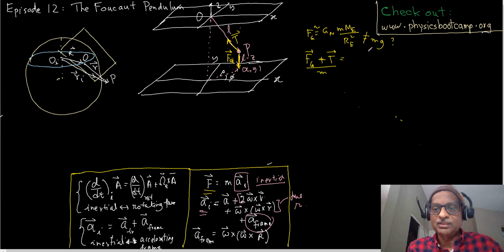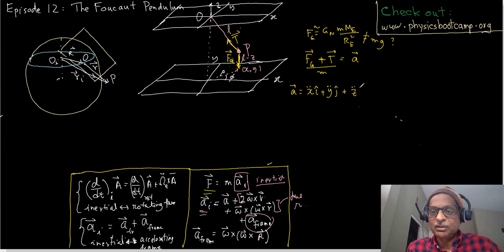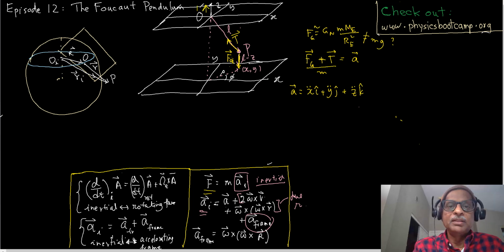Then I will have an acceleration. So this acceleration will be x double dot i hat plus y double dot j hat plus z double dot k hat, and k hat will be that way, i hat will be that way, j hat will be that way for us.